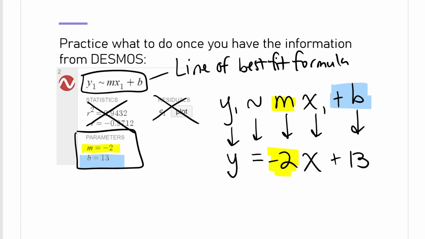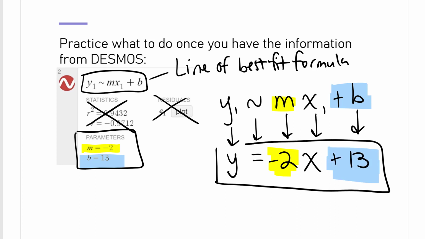Oops. This is your line of best fit. So this is your line of best fit formula. This is your line of best fit.